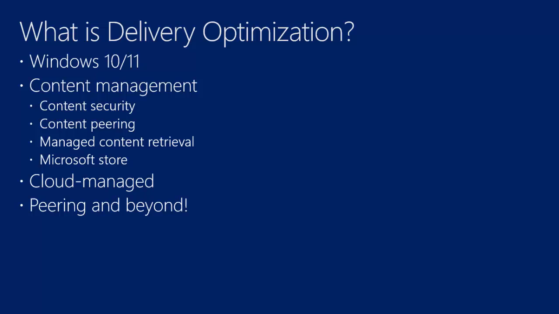But since it's just started downloading, you need to get the other range of bits from the web. And so a partial download will come from a peer, a partial download will come from the cloud, right? And there are variances in how you can even do that. But that's all handled by the delivery optimization service, which is a cloud service, and it's really cool to be able to orchestrate how all of this works, right?